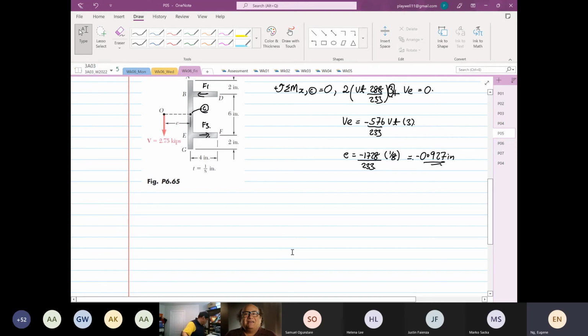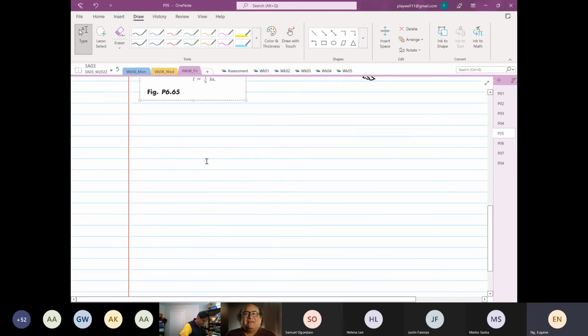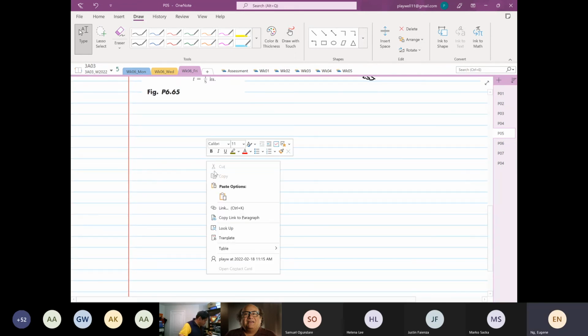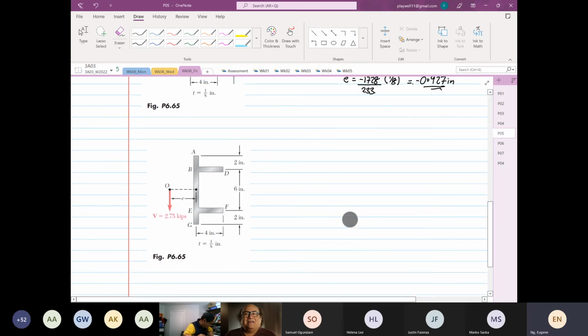So the next part of the question asks us about the distribution. We have to find the distribution at point A, point B, point D, point E, point F, and point G. So we have to be careful. Let's see what we have to find: the shear stress distribution.